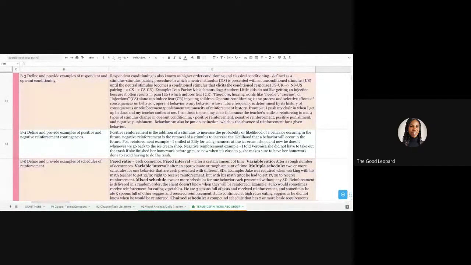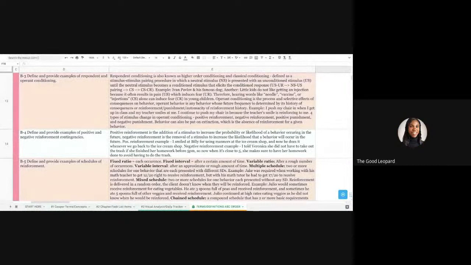So when we're implementing respondent conditioning, our ultimate goal is the conditioned response, right? If you can see here, my mouse, I'm starting at the unconditioned stimulus, and I'm working my way all the way to the end result, which is the conditioned response. That's the goal with respondent conditioning. We want a conditioned response to happen. So we start with the unconditioned stimulus, and we end with the conditioned response.